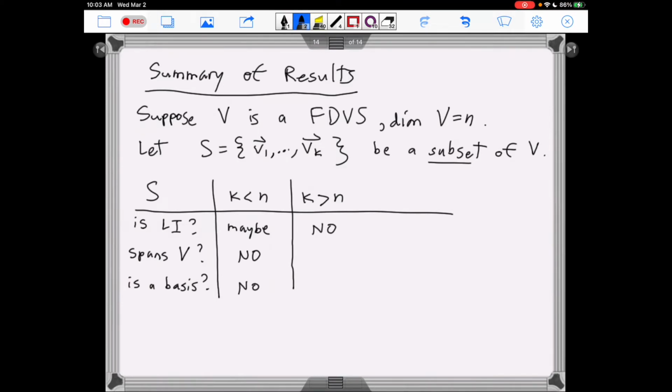No. Does it span? Maybe. Is it a basis? No. Finally, if k is equal to n, in other words, you have the same number of vectors as the dimension of the space, the answer to all three are maybe.